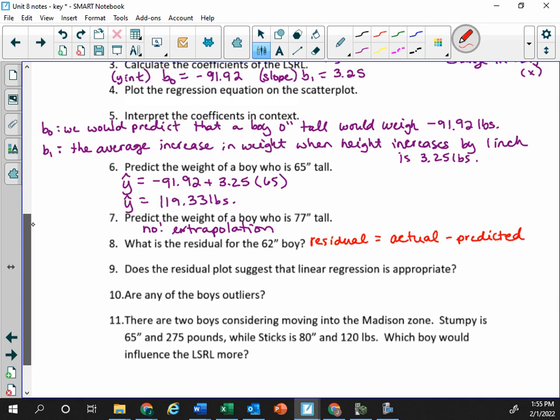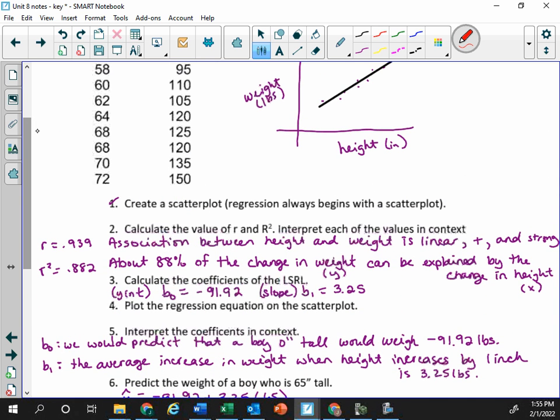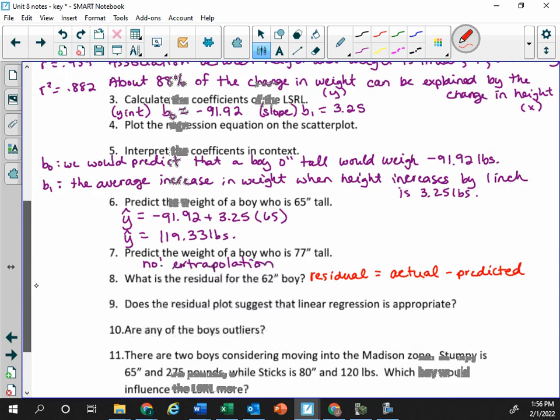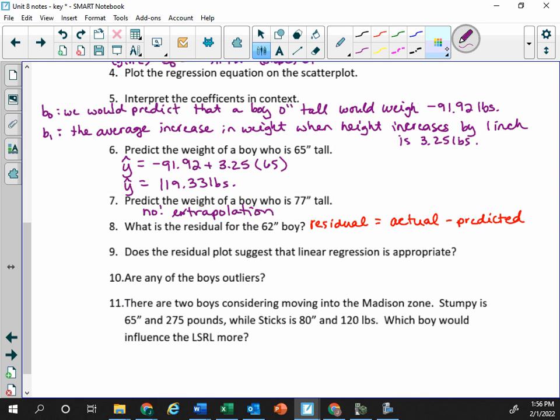So let's look up here. Did we have a 62-inch? We did. Okay, we had this guy. So his actual weight was 105. How would I find his predicted weight? Yeah, the formula. So actual, I said, was 105.